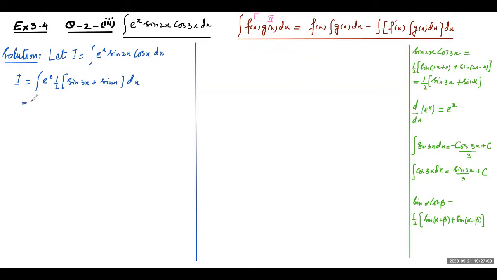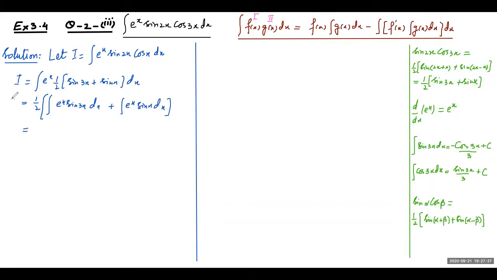Now bring this 1/2 outside the integral and split into the two integrals. As a result, you get integral e^x sin 3x dx plus integral e^x sin x dx.